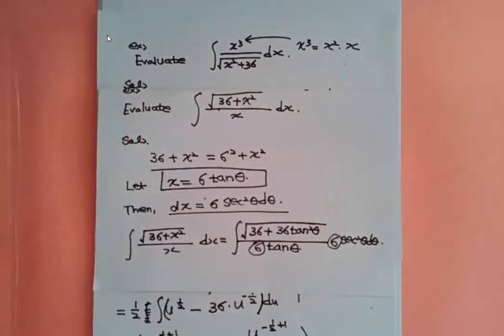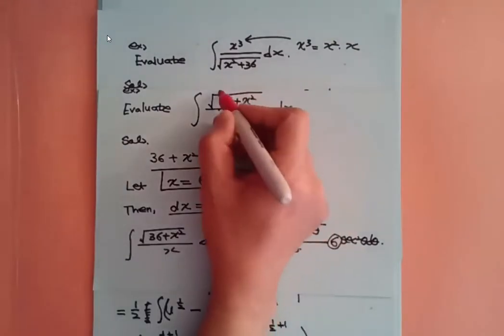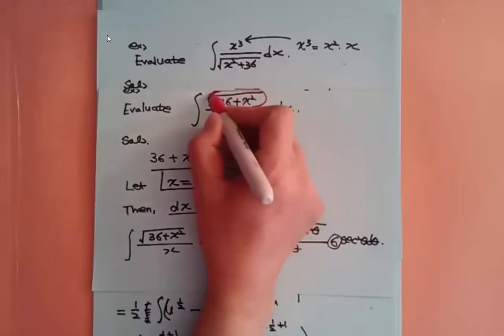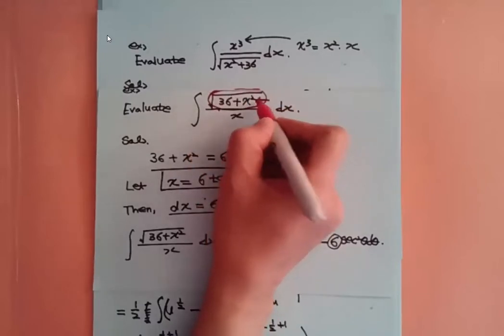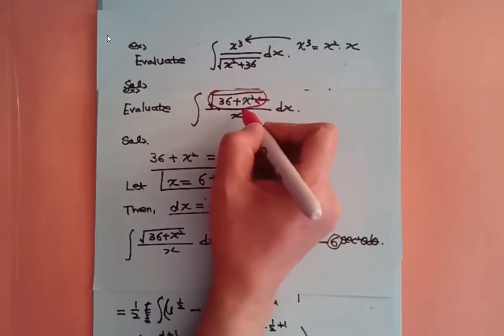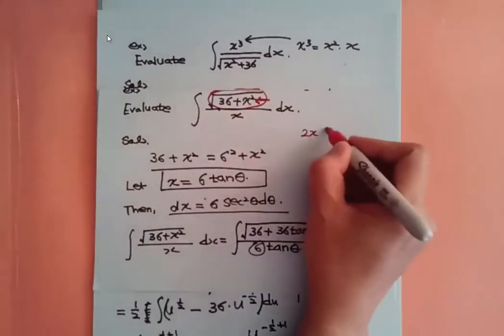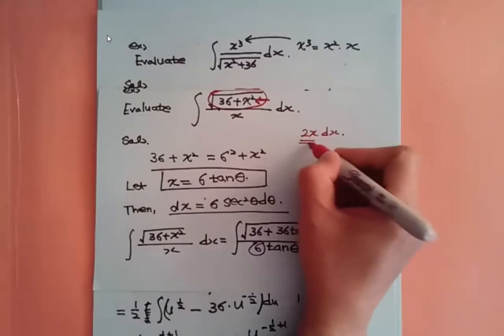Firstly, the first sign you can think about is, in this case, the square root thing, and the highest degree one appears in the numerator, right? Even if you differentiate this, then it'll be something like 2x dx, and that is associated with the numerator.